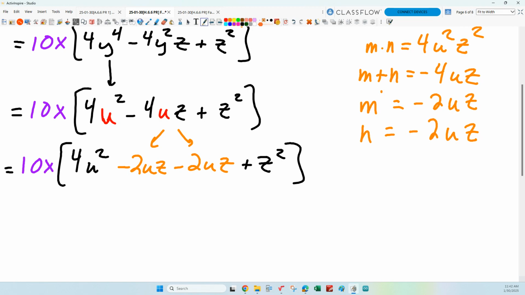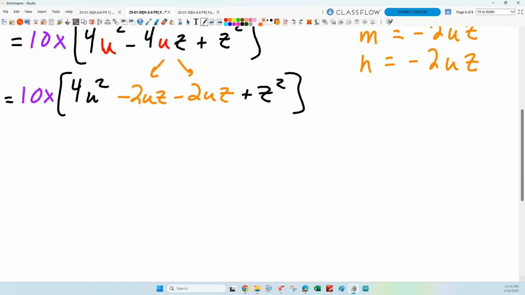Okay, now what? Inside the brackets, what would I do? Yeah, first group, so I'm going to put a circled plus sign there. First group, what's my GCF?